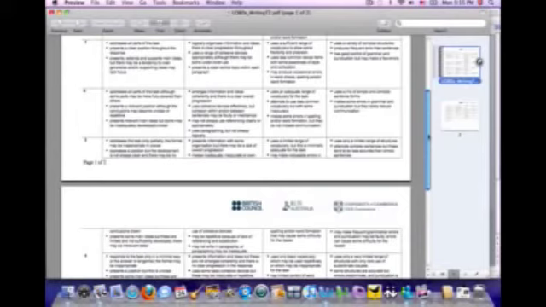Now, a key to remember when we go on to the Band 7 level, and the difference between a Band 6 and a Band 7, is that a Band 6 may have some small errors, but the errors do not completely impede the meaning from being understood by the reader.